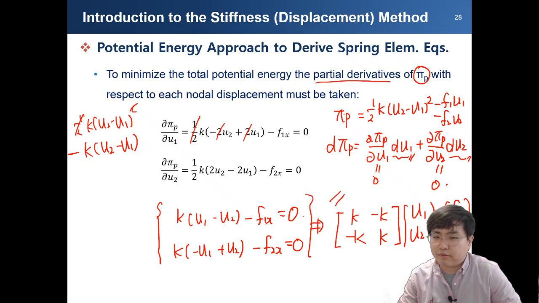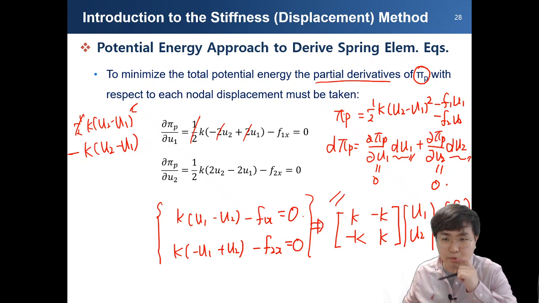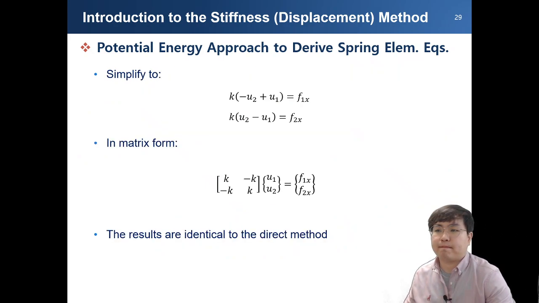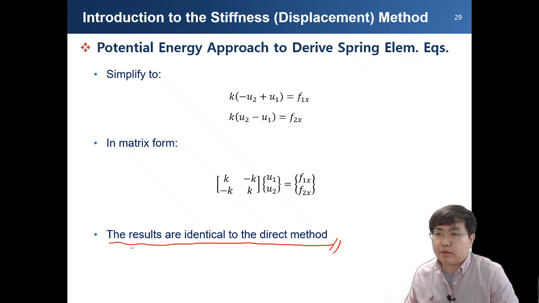Finally we reach the local stiffness equations. Okay, this is the result. So using the potential energy approach, we obtain the identical result to the direct method.